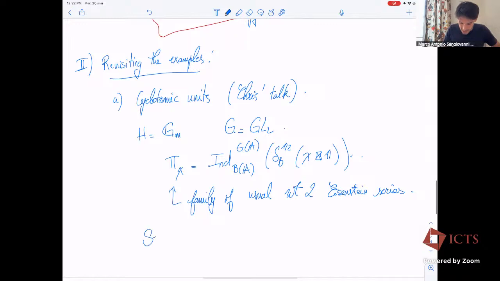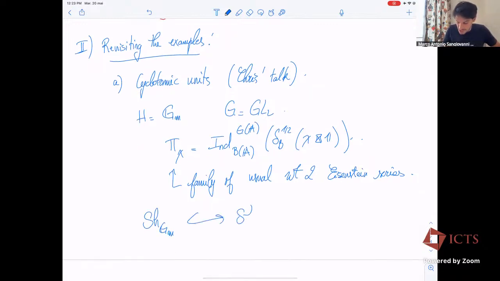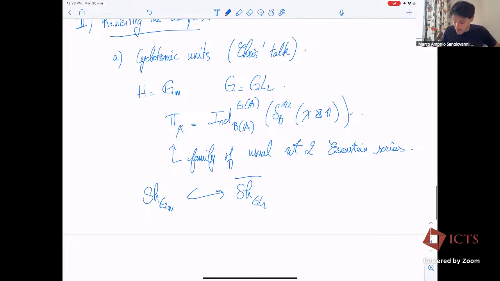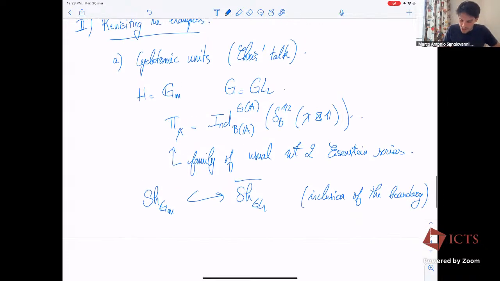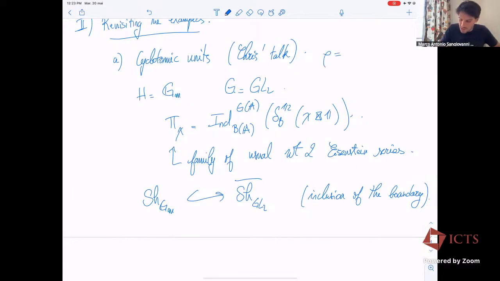And then the Shimura variety for GM, I see it inside the Shimura variety for GL2, or rather its compactification. So this is the boundary. This is the inclusion of the boundary. And the representation that I'm interested in, I almost forgot to say, is ZP1.